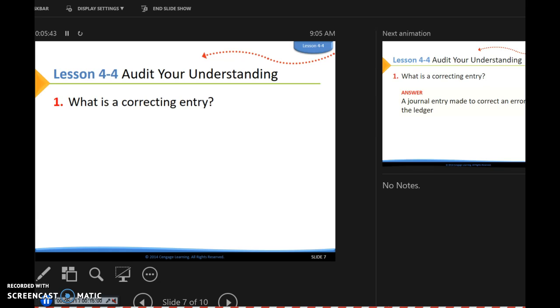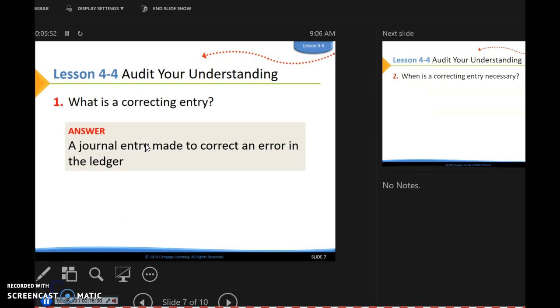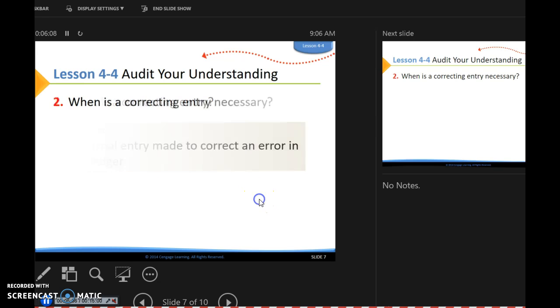A new journal entry that corrects a wrong one. Okay, that's what I was going to say. It is a journal entry made to correct an error in the ledger. You made a mistake and found it after you've posted to the general ledger, so a new journal entry has to be made to make a correction.